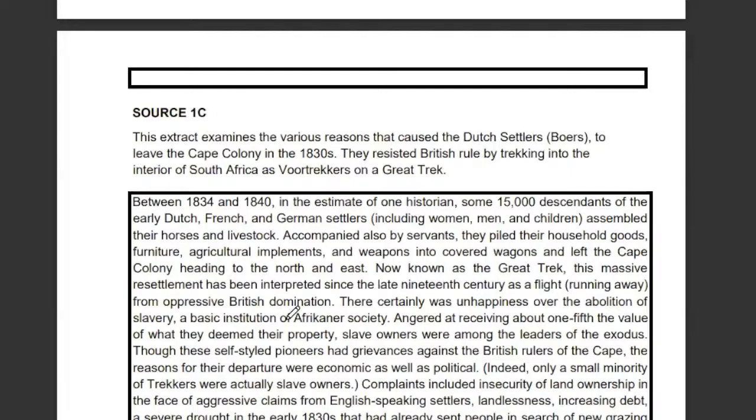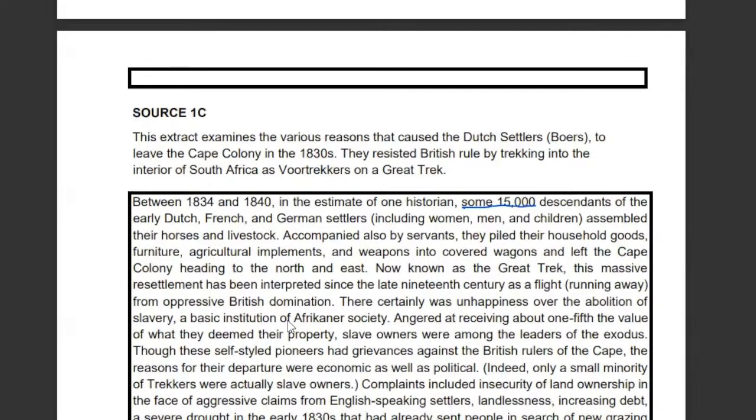Right. So the source says between 1834 and 1840, an estimate of one historian, some 15,000 descendants of the early Dutch, French, and German settlers, including women, men, and children, assembled there.